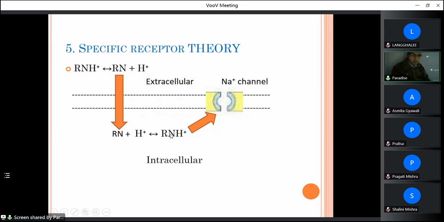This RNH+ will bind to the voltage gated sodium channel, and once it binds, it blocks the sodium channels, so the sodium ion can't enter from the extracellular fluid to the intracellular fluid. So there will be no depolarization. There will not be any action potential generation. Once the action potential is not generated, the impulse could not be conducted from the peripheral nerve to the brain. That's the basic mechanism of local anesthesia. It primarily blocks the voltage gated sodium channel.